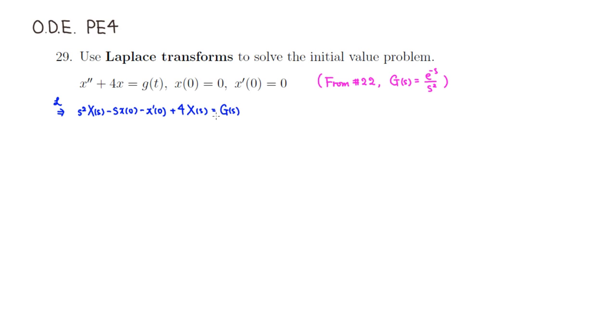Since x of 0 is 0 and x prime of 0 is 0, we can just scratch those terms out because they're 0 anyway.